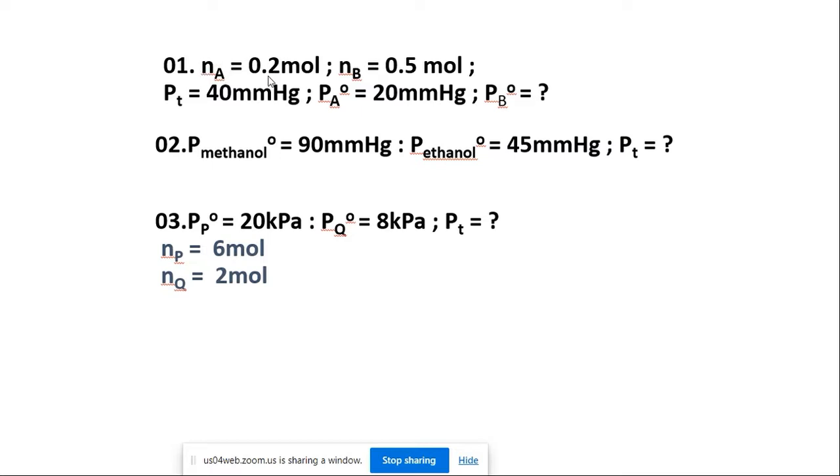You have moles A 0.2 and moles B is 0.5. Then the total pressure is given as 40. The P naught A pressure is 20. We have to find the P naught B pressure, right? So please make a small sketch on this one and try to figure out the equation, use these values and find what is P naught B. Na is 0.2, Nb is 0.5.